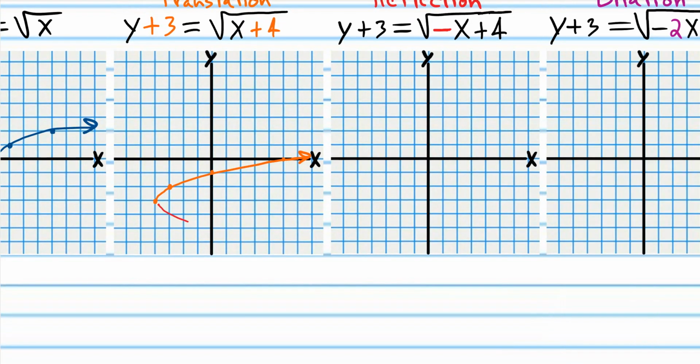So this point here was reflected to there, and this point will be reflected there, and this point doesn't change positions because it's on the y-axis, and this point is 5 units, 1, 2, 3, 4, 5, 5 units from the y-axis, so we're going to go 1, 2, 3, 4, 5 to the other side, and that gets us there. So now we can connect the dots, and there you go.